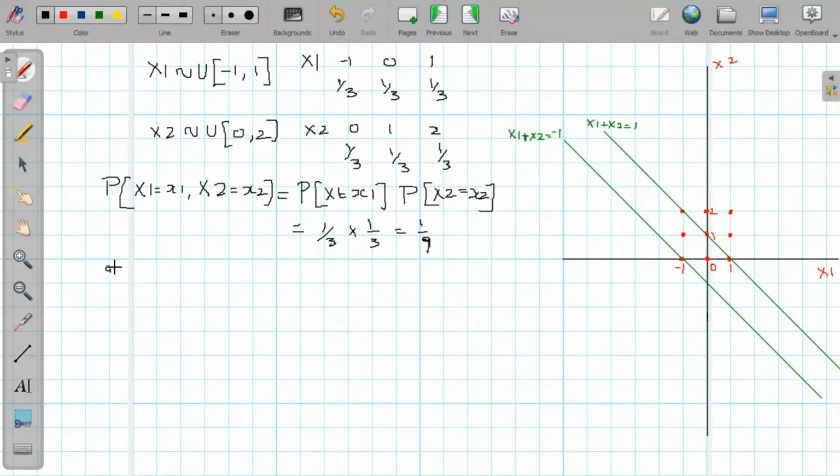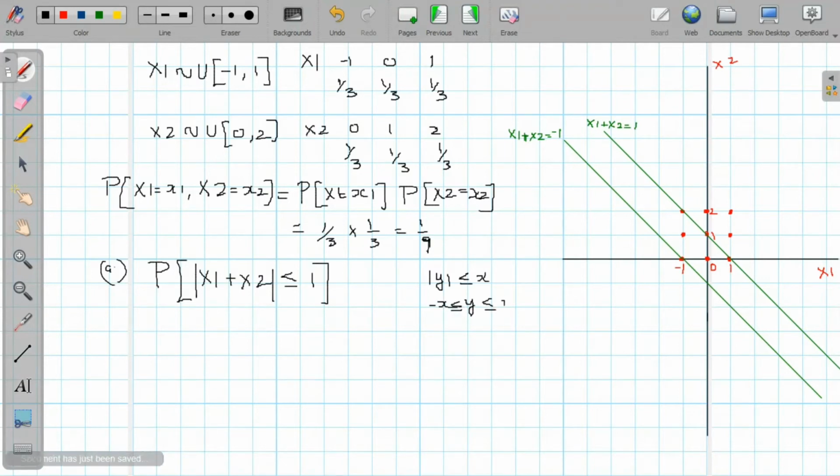In part A, it's asked about the probability that the mod of x1 plus x2 is less than or equal to 1. We know that for mod of y less than or equal to x, we can write it as y greater than or equal to minus x and less than or equal to x.